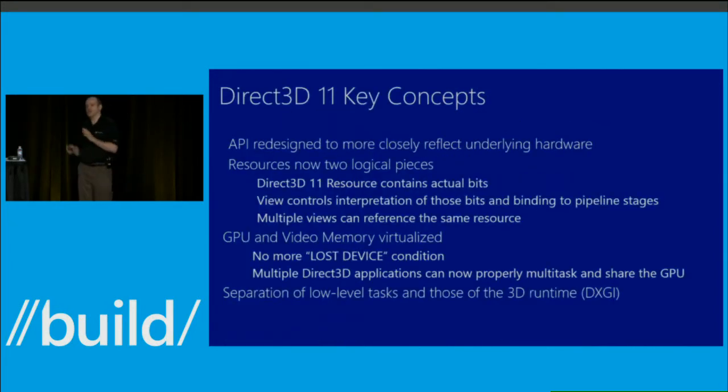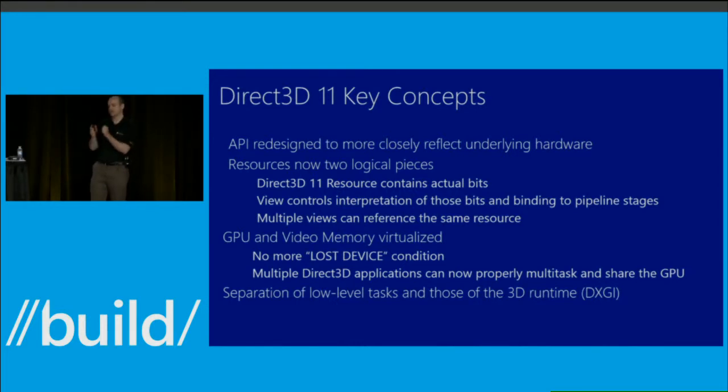So now I'm going to go into a little bit of the key conceptual differences between D3D11 and D3D9. As I mentioned, we've redesigned the API to more closely reflect the underlying hardware. And the first key element of that is that we've taken the DX9 notion of a resource and we've broken it out into two logical pieces.